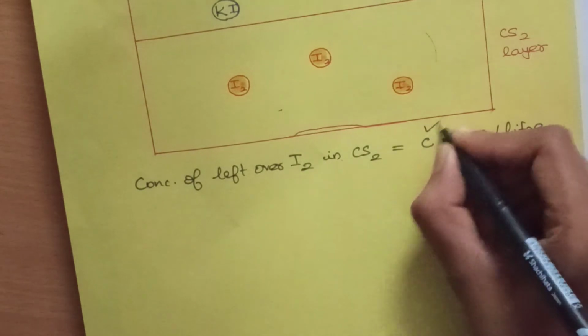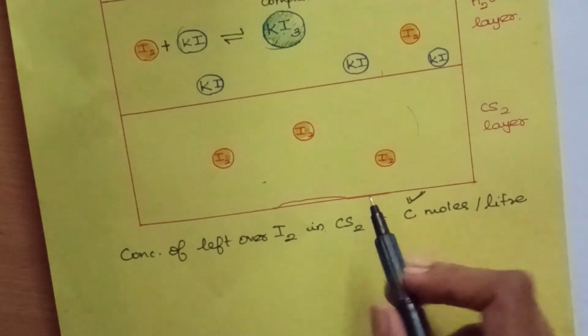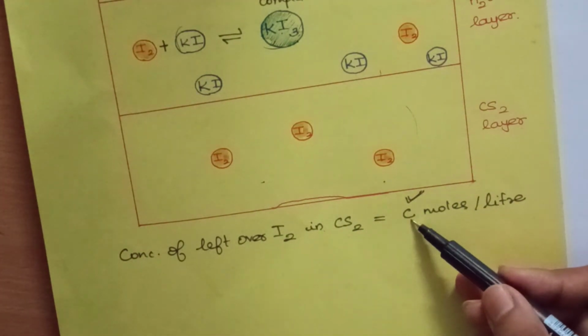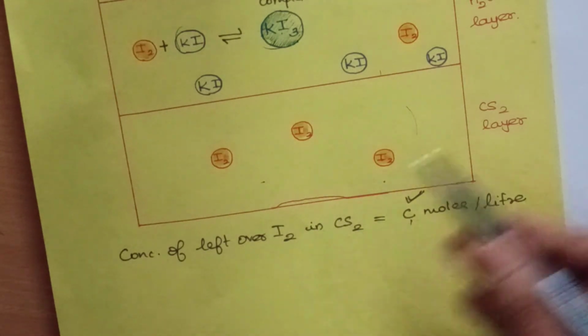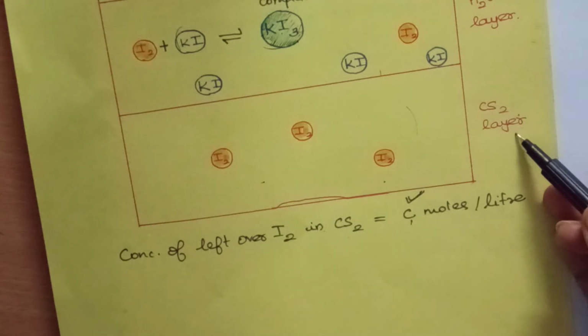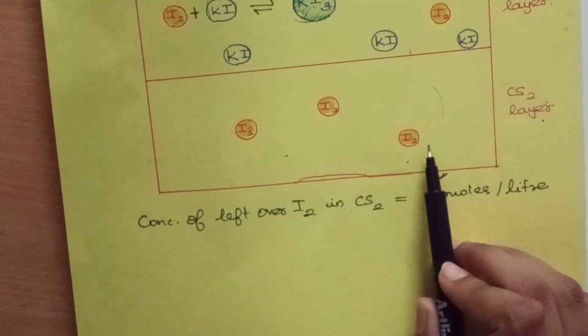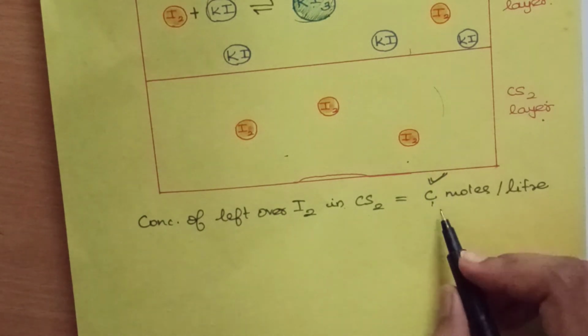This can be obtained by doing titration for this layer alone. By using the hypo solution, that is sodium thiosulfate, you can obtain the value for the concentration of leftover iodine in the carbon disulfide layer. Okay, and the titrating solution must be sodium thiosulfate.